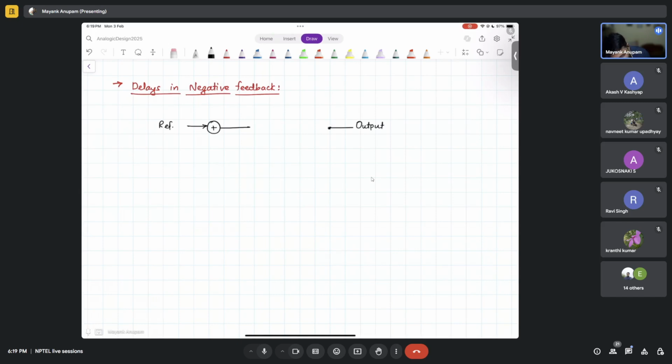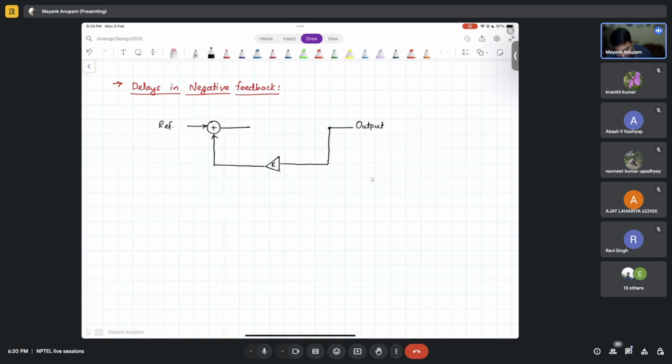Now, how does negative feedback work? You make sure that a part of the output is sensed by the equipment or machine, whatever you have. It is sensed by the equipment with some gain factor k, and then it is fed back to the input.